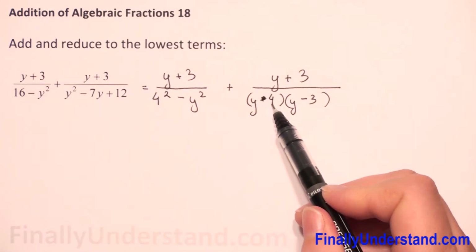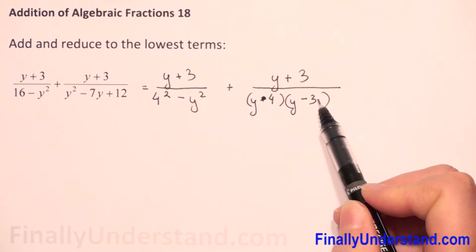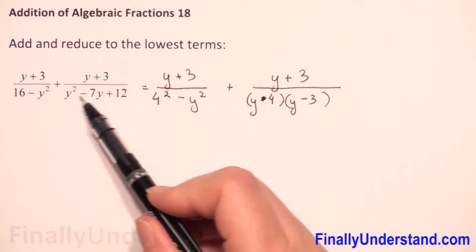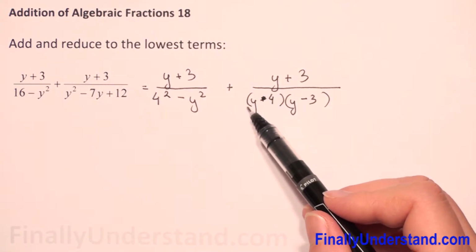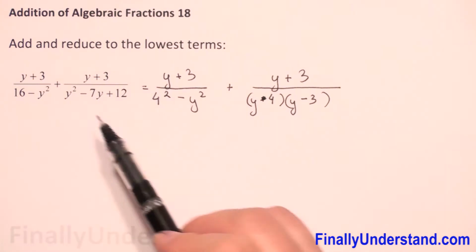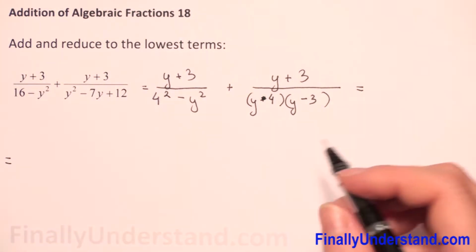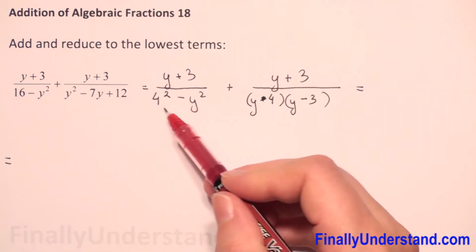If you multiply every expression in the first parenthesis by every expression in the second parenthesis and you combine the like terms, you will have exactly the same as what we have here at the beginning. So we see that we can factorize this denominator. Now we will use the difference of two perfect squares formula to factorize the first denominator.